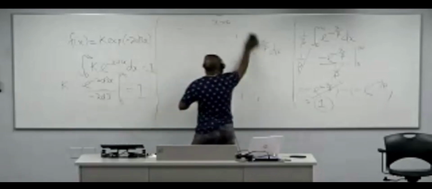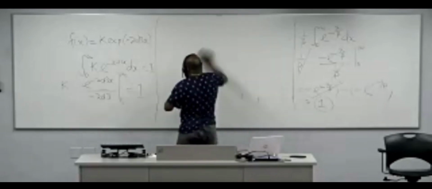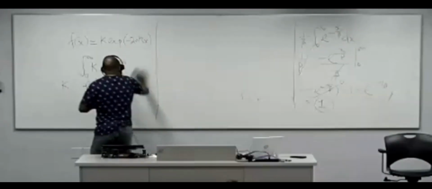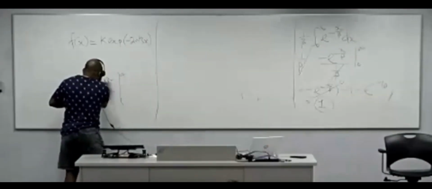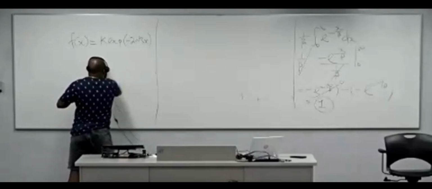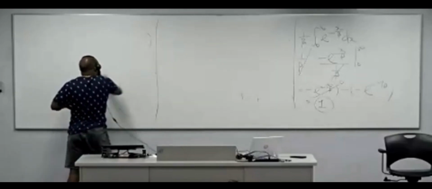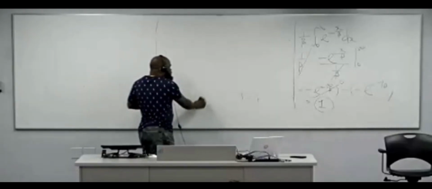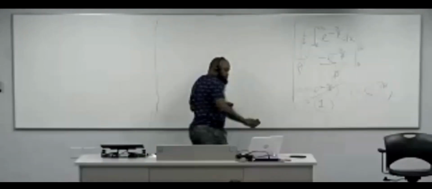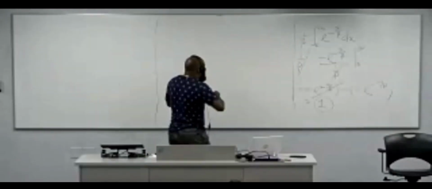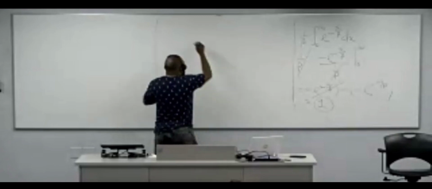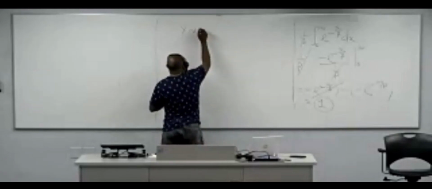when you have an exponential distribution, we normally write it this way: X follows expo.